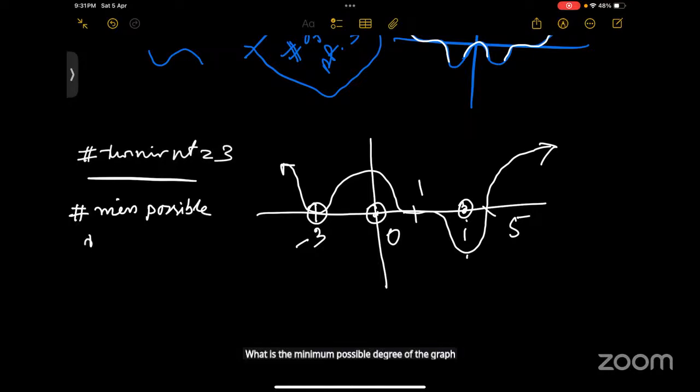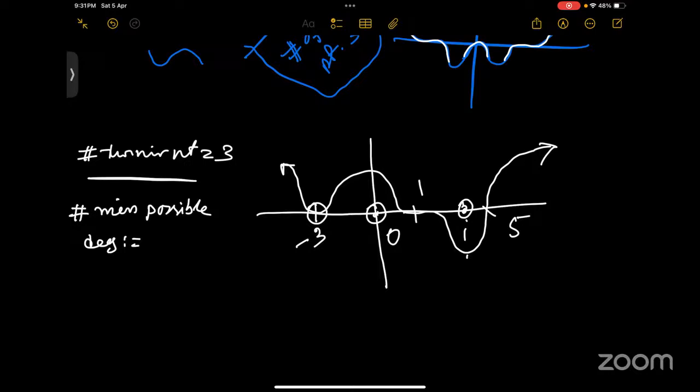Equal to the turning points, right, ma'am? 9 is the maximum. It is also 3, I guess. What is the minimum possible degree? Oh, n minus 1, right? So degree 4. I think turning points plus 1.